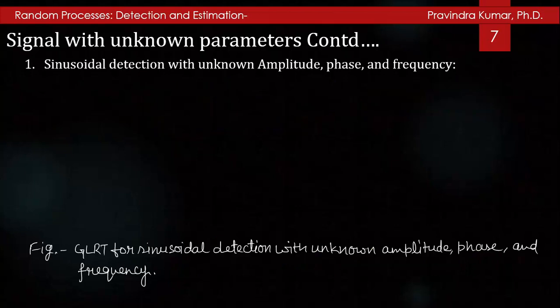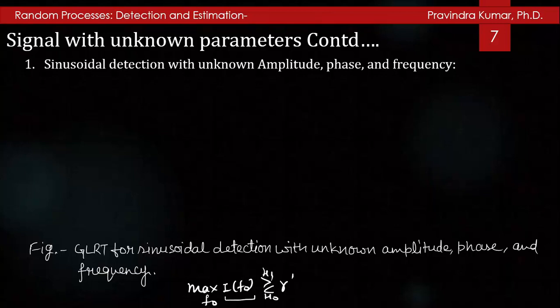This is the block diagram of the GLRT for sinusoidal detection with unknown amplitude, phase and frequency. We compare the maximum of the periodogram over frequency F0 with some threshold value gamma dash.